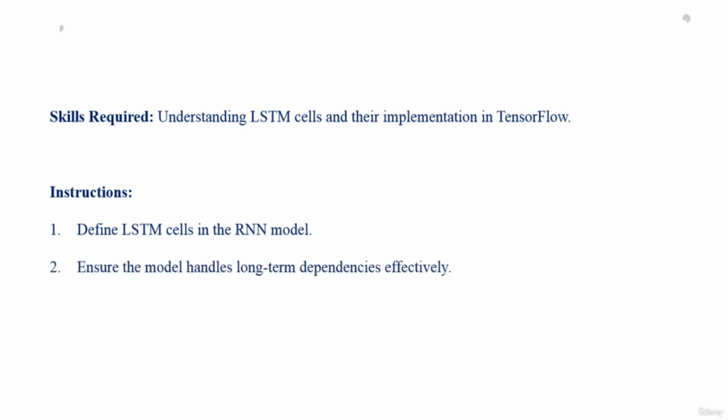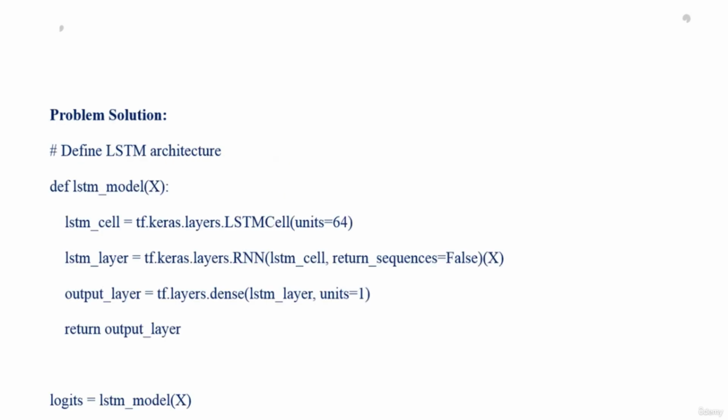Ensure the model handles long-term dependencies effectively. Algorithm: replace simple RNN cell with LSTM cell. Train the model with LSTM cells. How the code is working: the LSTM_model function replaces the RNN cell with an LSTM cell, enabling the model to capture long-term dependencies in the data.